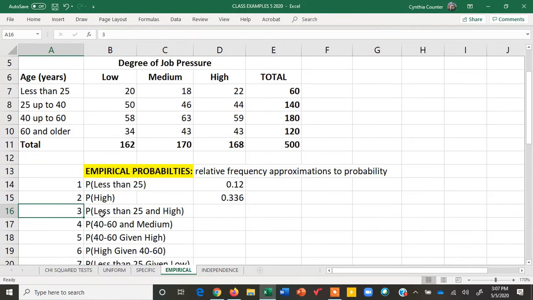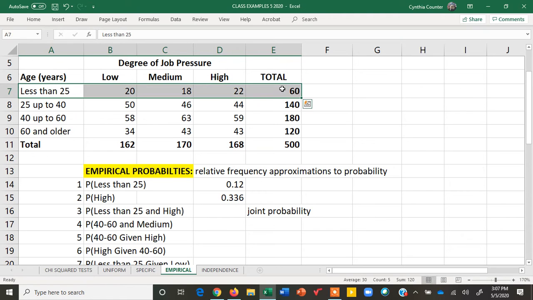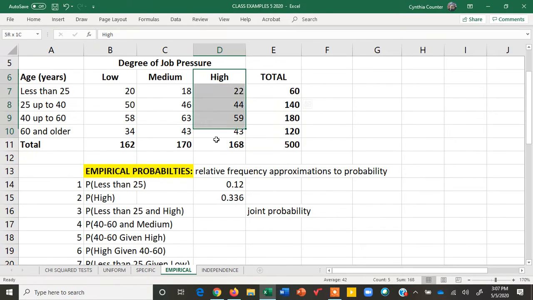Let's see, number 3, the probability of less than 25 and high. Aha, here we have a joint probability, because we're asking about two things at once. Well, if you're asking two things at once, you have a row value and a column value. So the row less than 25, the column high.